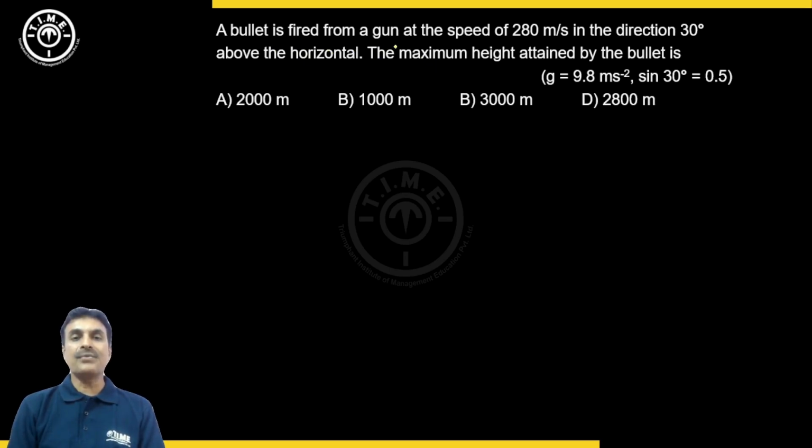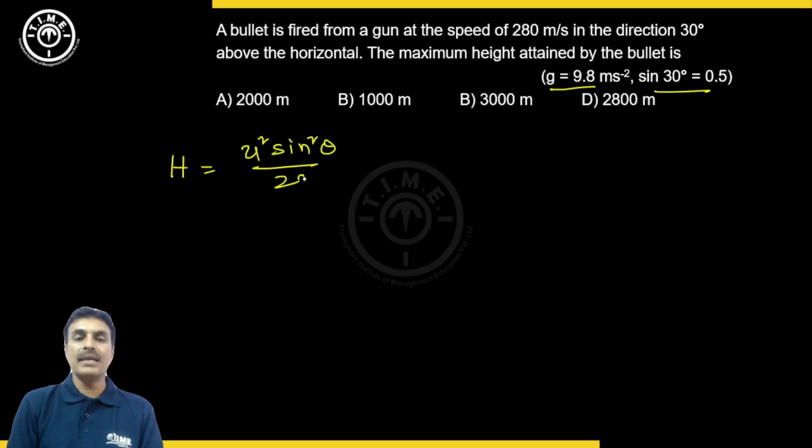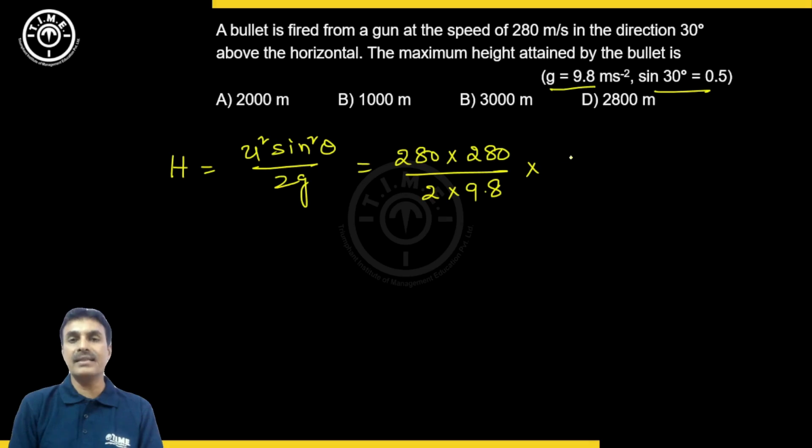Now, here is the question that appeared in a recent NEET paper. A bullet is fired from a gun at a speed of 280 meters per second in the direction 30 degree above the horizontal. The maximum height attained by the bullet is, g value is given as 9.8 and sin 30 value is also provided. Now, directly formula based question it is. Maximum height h is u square sin squared theta by 2g. U value is given as 280. So 280 into 280 by 2 into 9.8 into sin squared 30. Sin 30 is 1 by 2.